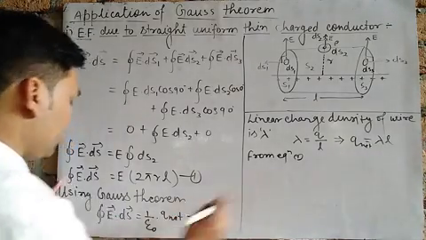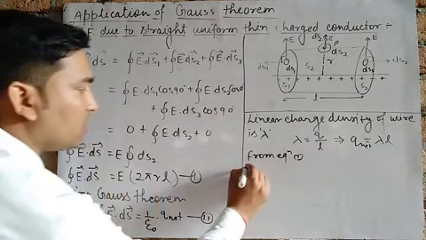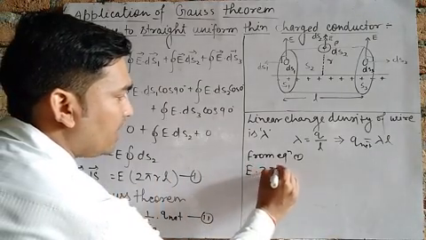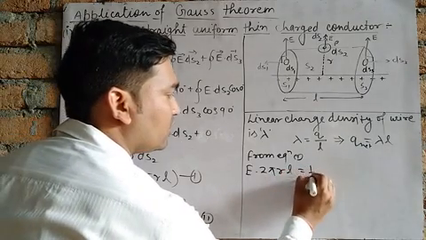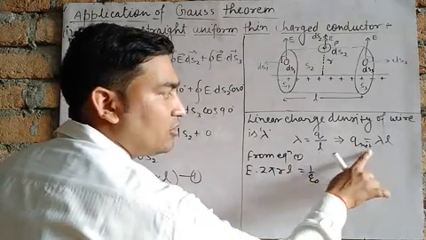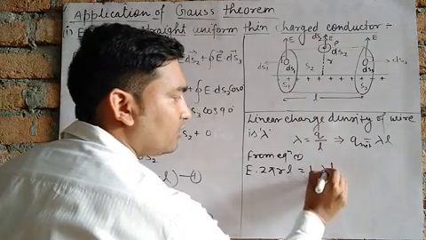What happens? E into 2 pi RL is equal to 1 upon epsilon naught, and net charge is equal to lambda into L.